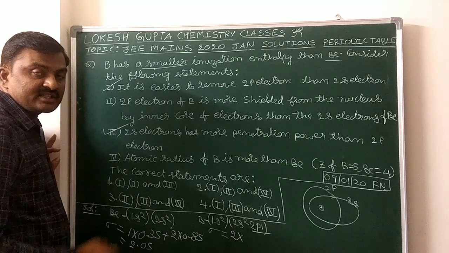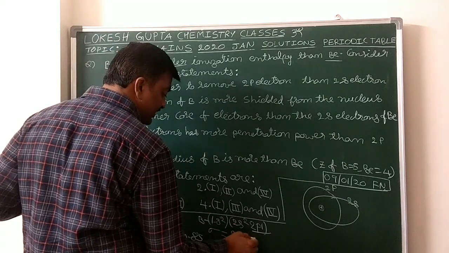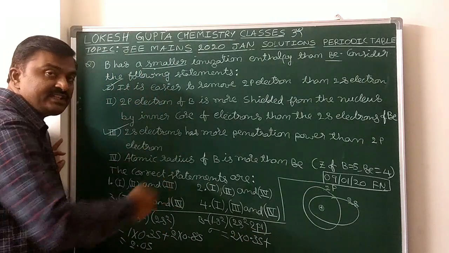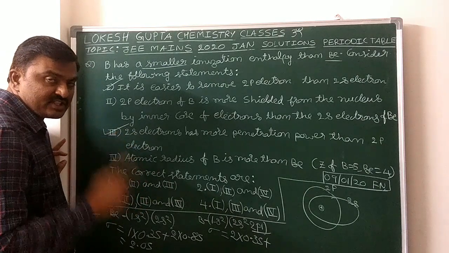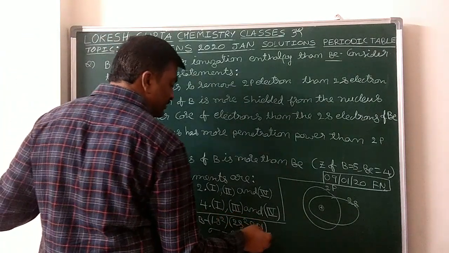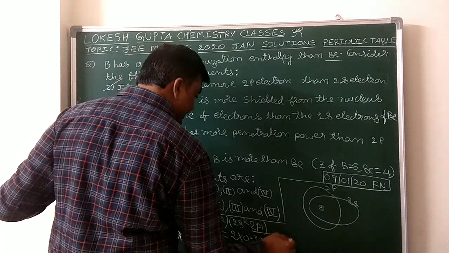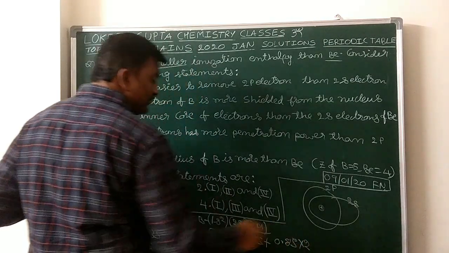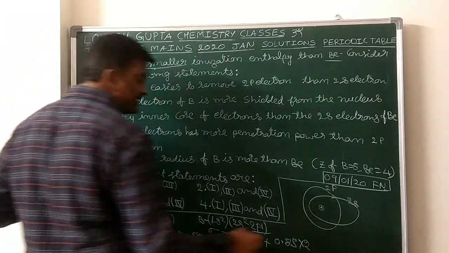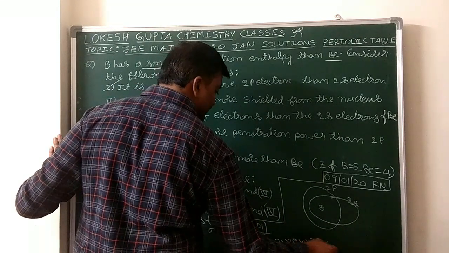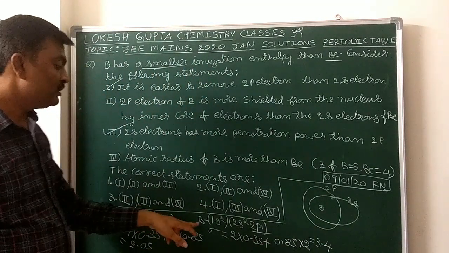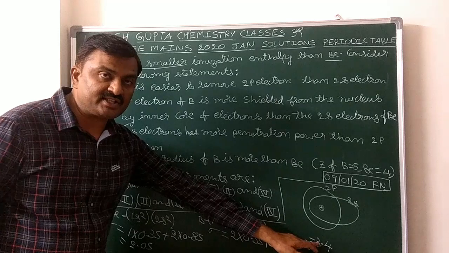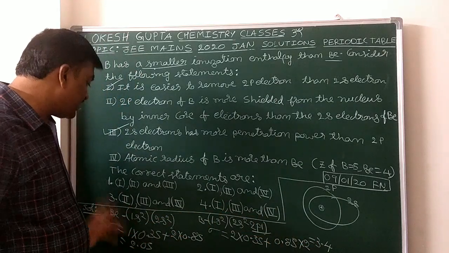Each electron gives a screening constant of 0.35, so 0.35 into 2 is 0.7, plus each electron in the n-1 shell gives 0.85, so 0.85 into 2 is 1.70. 1.70 plus 0.70 is 3.4. So the 2p electron of boron is more shielded from the inner shell electrons than the 2s electron of beryllium.